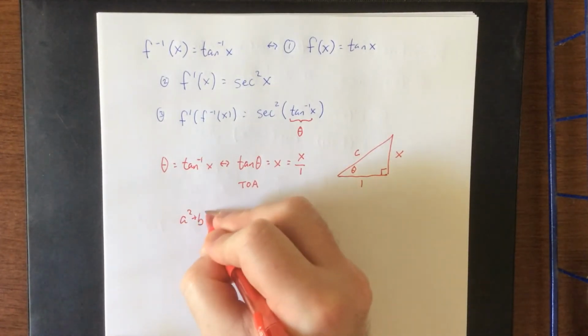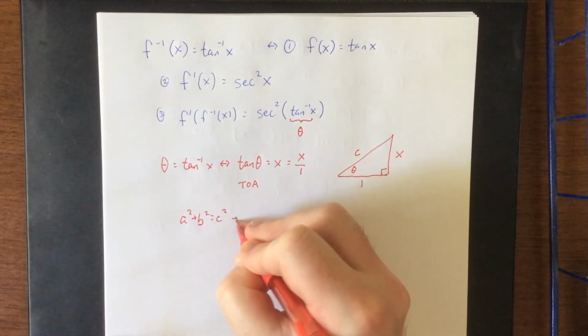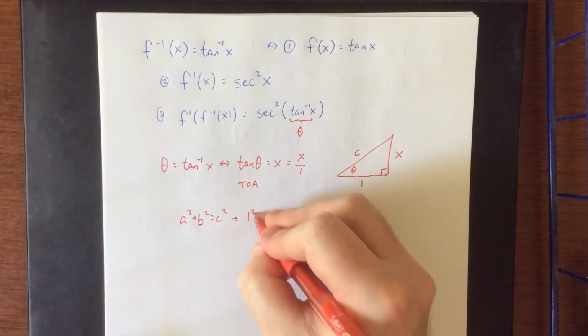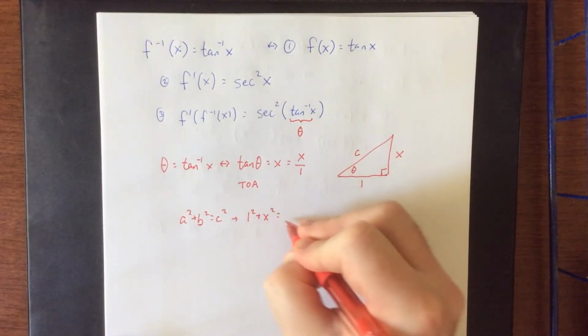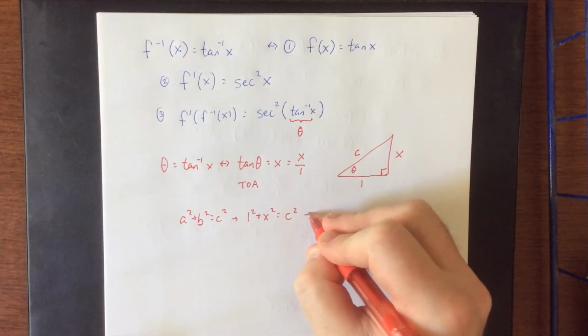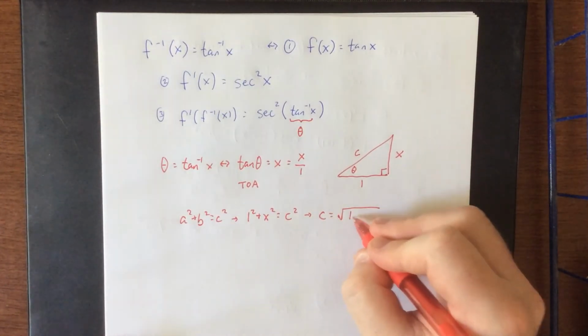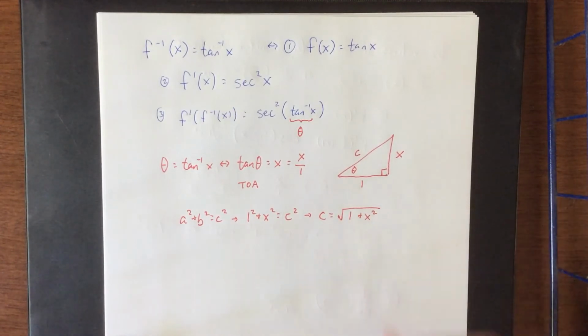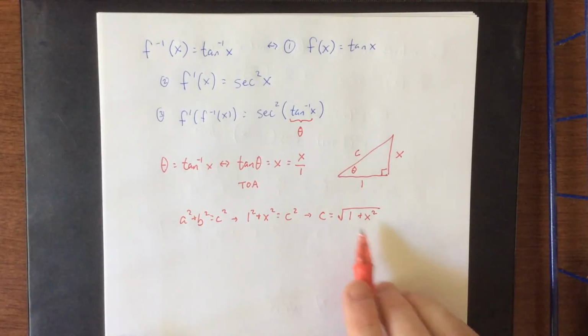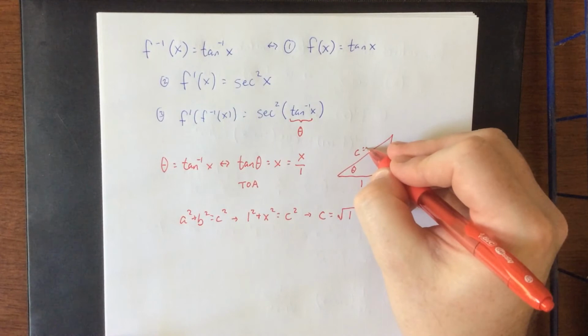So a squared plus b squared is equal to c squared, or equivalently, that would be 1 squared plus x squared is equal to c squared. Because we're dealing with a hypotenuse, we will assume that the hypotenuse is never equal to 0. C would then be equal to the square root of 1 plus x squared.